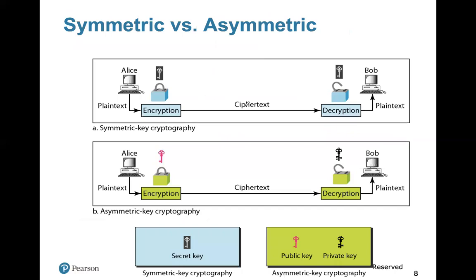Okay, here's another graphical representation, which is basically the same thing. It shows that we have two types of algorithms. Symmetric uses one type of key at both the encryption and decryption side, or sender and receiver.